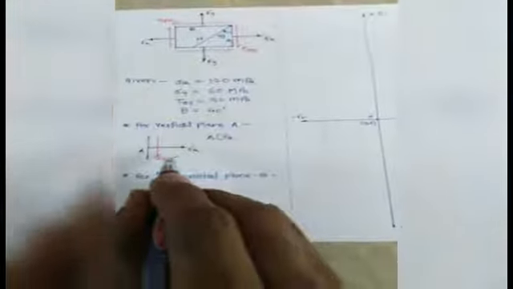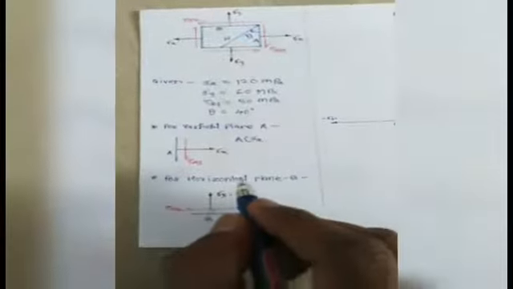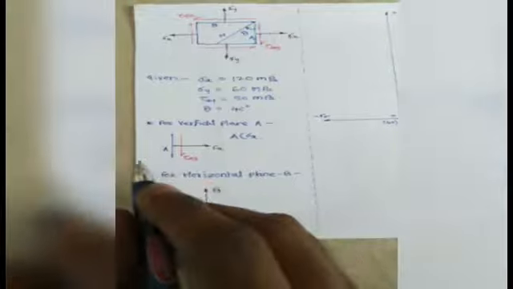Sigma x is a tensile stress, so it is positive, because in the Mohr circle method tensile stress is considered positive while compressive stress is considered negative.